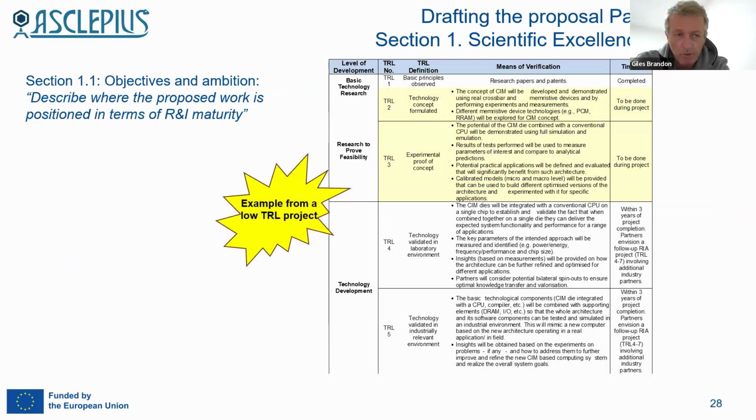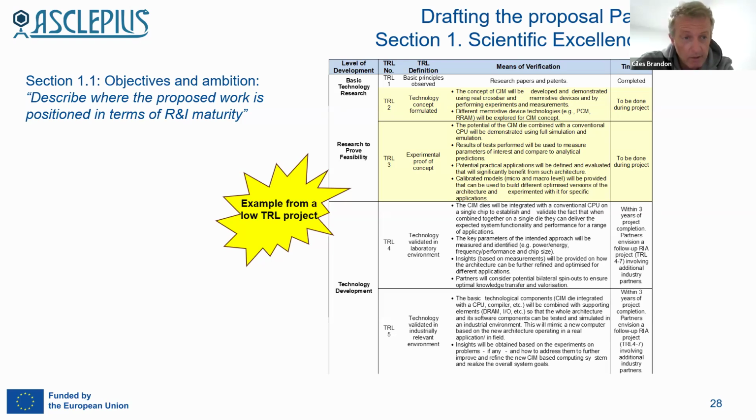Still on section 1.1, the standard application form asks us to describe where the proposed work is positioned in terms of R&I, in other words, research and innovation maturity. You remember a few slides back, I was talking about technology readiness levels, TRLs.